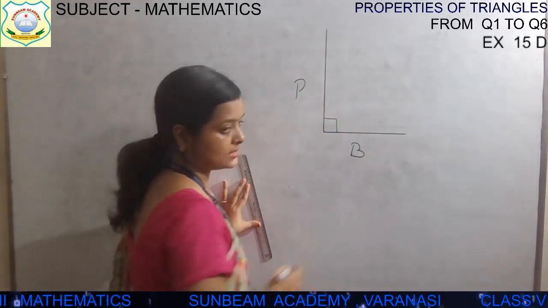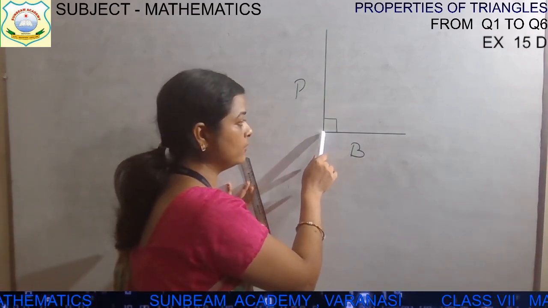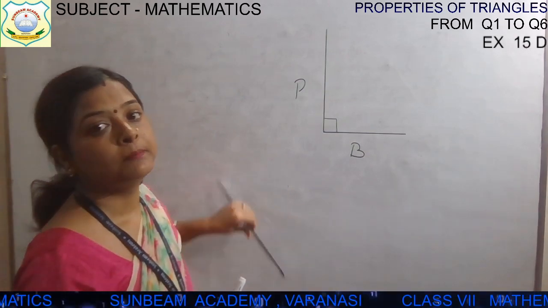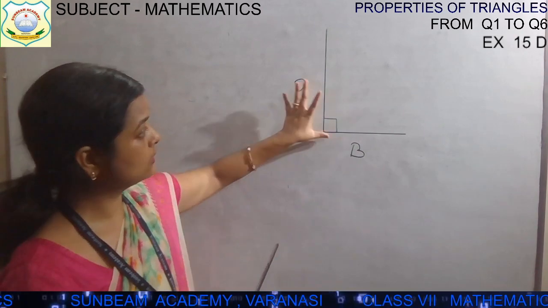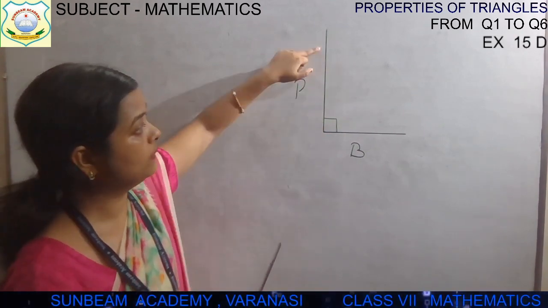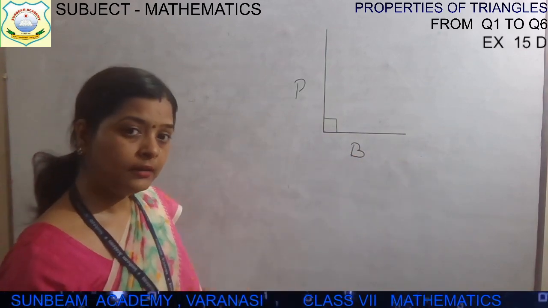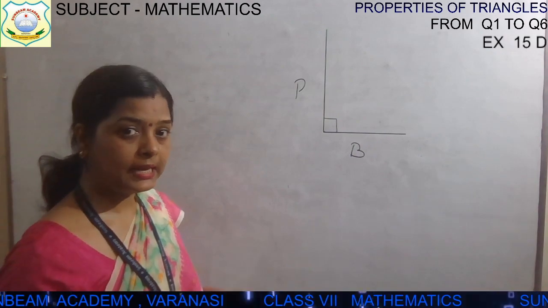The vertex where the right angle is made, on that particular vertex the two sides, one will be perpendicular and one will be base, and in other words we call them legs.